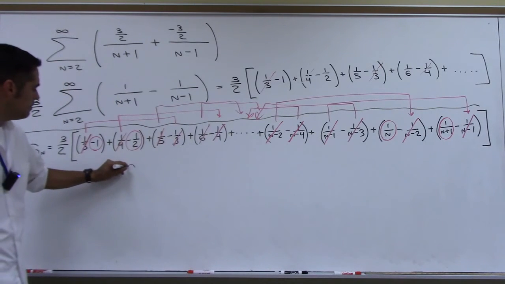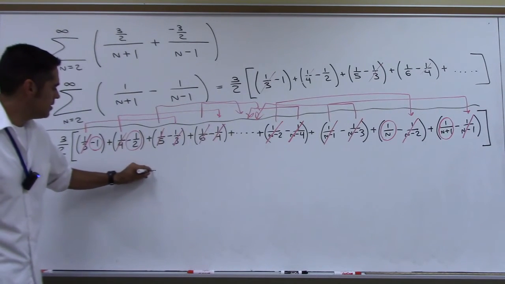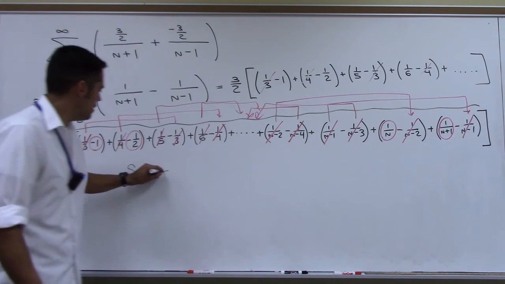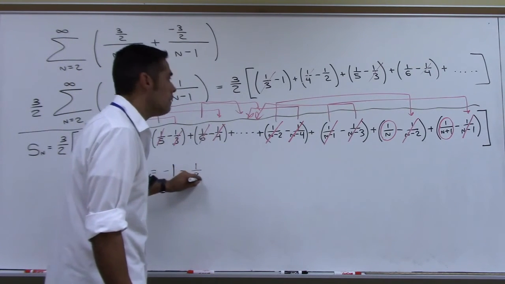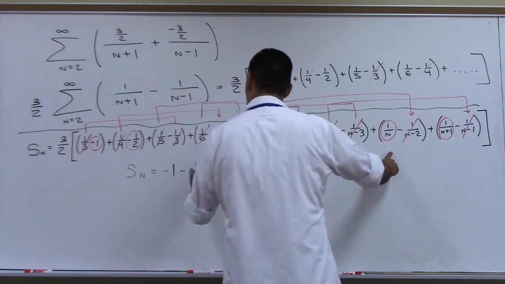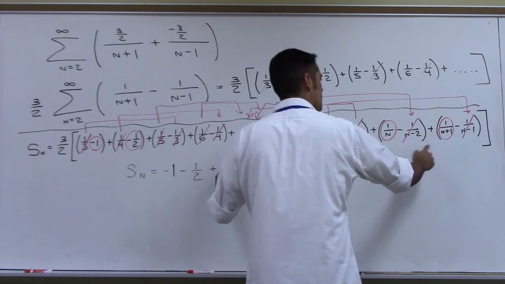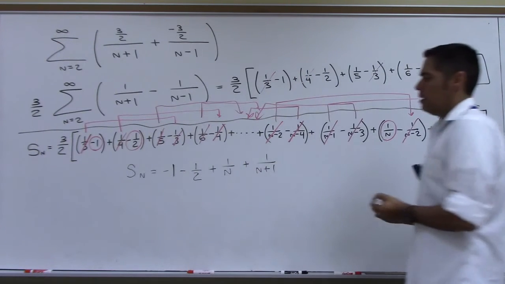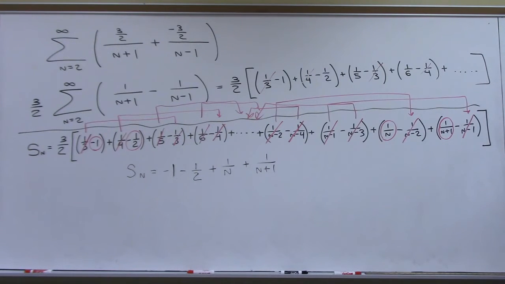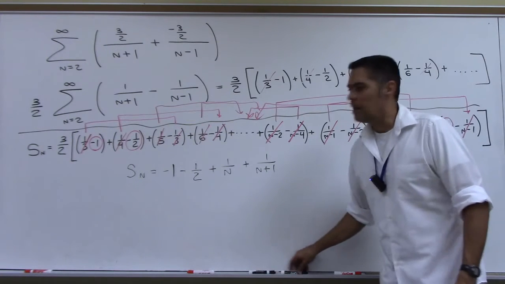So S sub n is equal to whatever's left: -1 minus 1/2 plus 1 over n plus 1 over n plus 1. Let n go to infinity now, right?